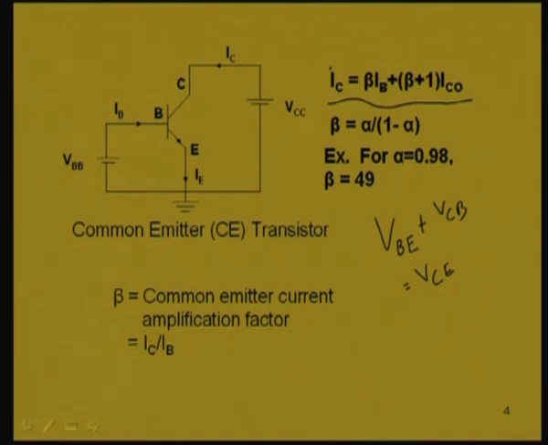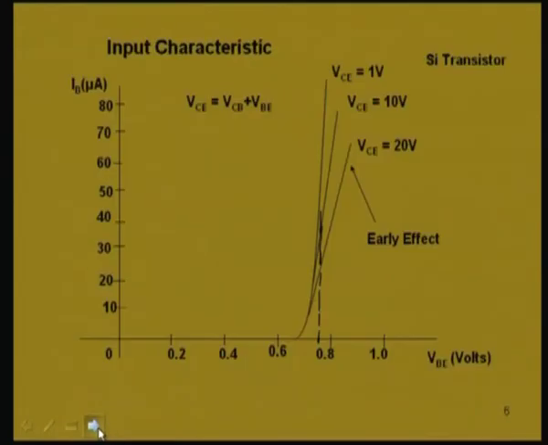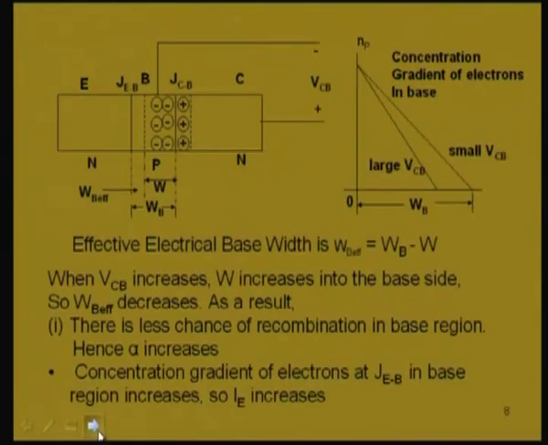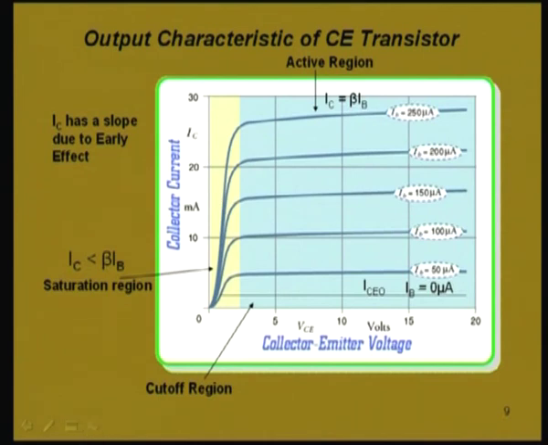We have to note one fact here: it is simply not IC naught, it is beta plus 1 IC naught. There is an important observation we should make here, that this ICEO is not merely IC naught, it is actually beta plus 1 ICBO.